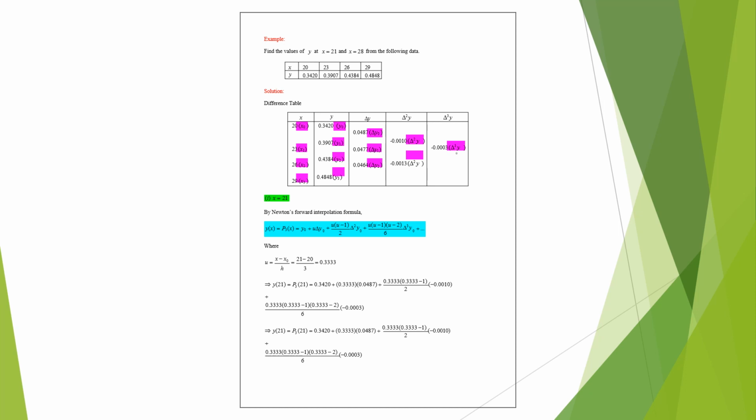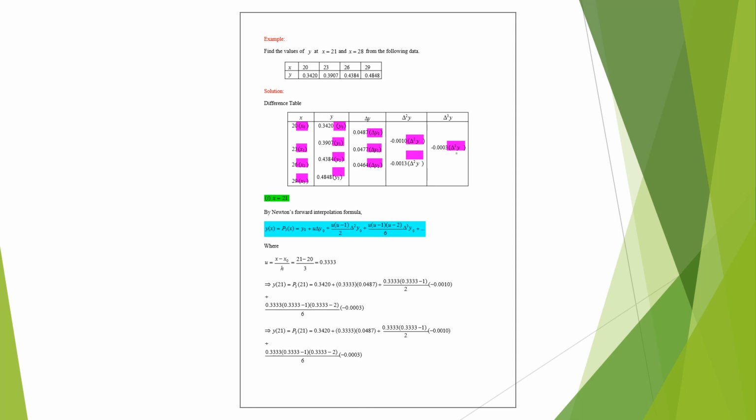So 0.3907 minus 0.3420, which is equal to 0.0487. So this is the value of delta y0. And next we have to find out the delta y1, which is equal to y2 minus y1.